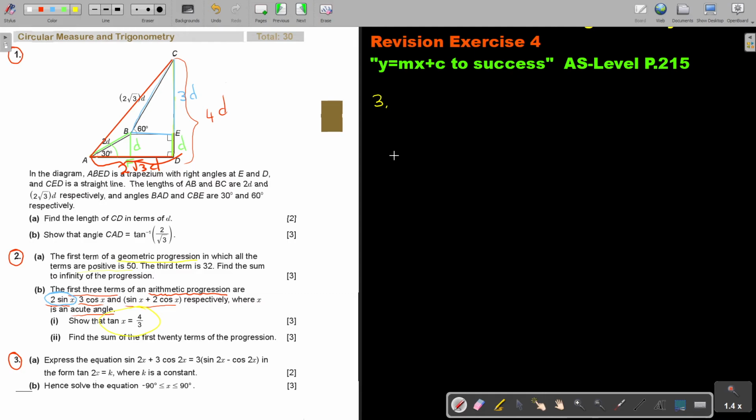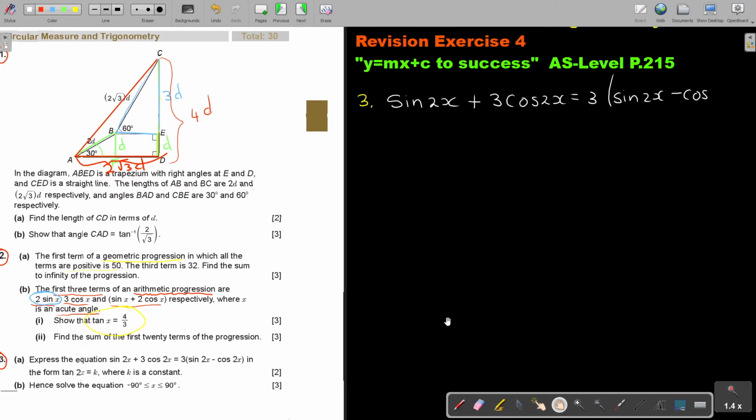If I rewrite, I have sin 2x plus 3 cos 2x equals 3 sin 2x minus cos 2x.